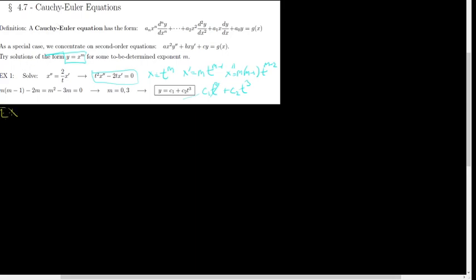So let's look at another example while we're at it. Example 2. I'll take this from the book as well, section 4.7, number 6. We want to solve the following equation: x squared times y double prime plus 5x y prime plus 3y equals 0.